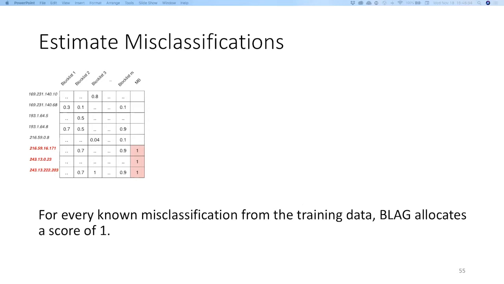For every network, this misclassification blocklist would be curated from a sample of their legitimate traffic. Therefore, BLAG is curated for every single network. In this example, we see that the last 3 IP addresses have been allocated a relevance score of 1, indicating that they are actually listed in the misclassification blocklist and they are false positives.